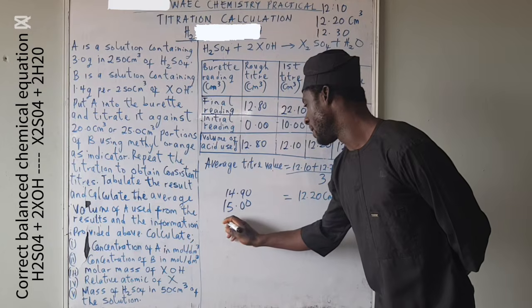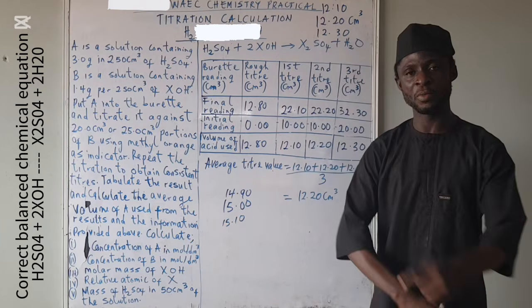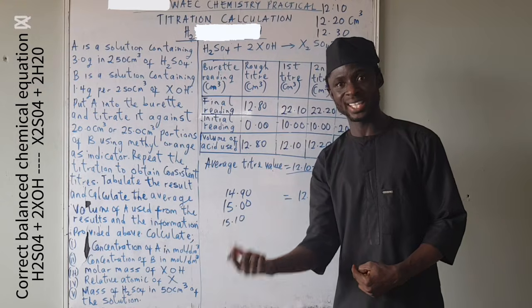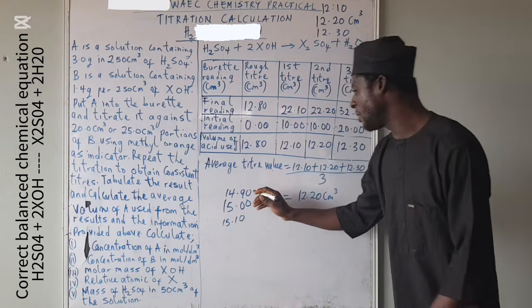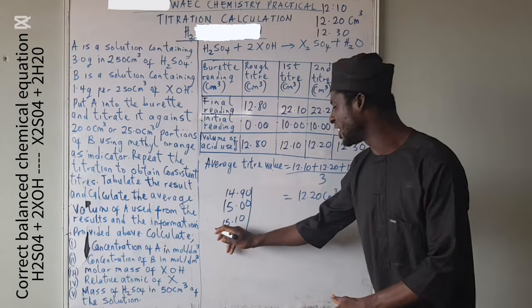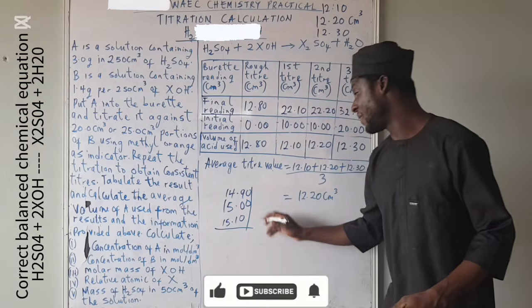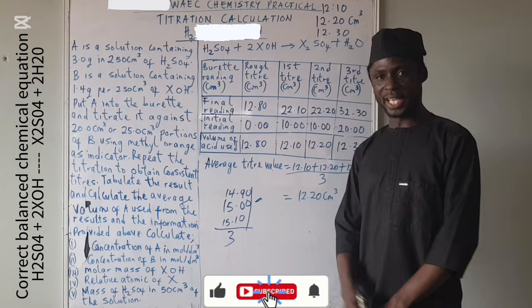Then I'm going to get 15.10. So I've removed 0.1 from my value that I want to get, and I've added 0.1 to the value that I want to get. So if I get these as my volume of acid used, if I add these things together and I divide it by 3, I'm going to get 15.00.